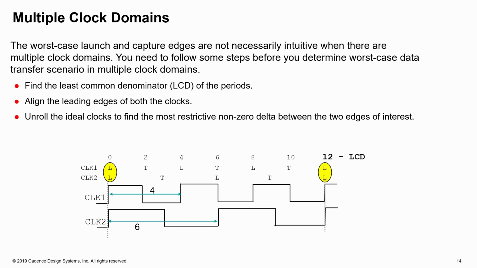As you can see in yellow, the leading edges align again at 12 and at 0. To determine the worst case launch and capture, you need to do this so you can see all the different edges that repeat over and over again. Now you can determine all the different transactions that happen between the two clocks and determine the worst case.